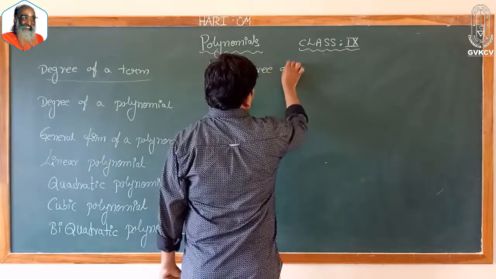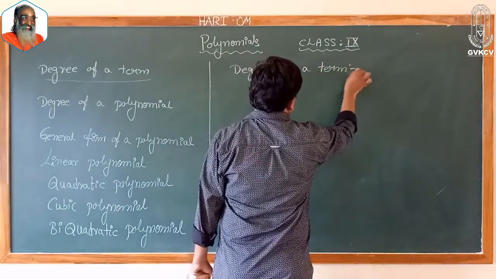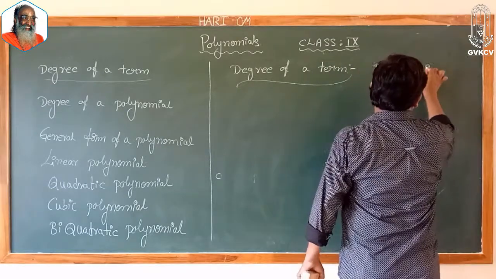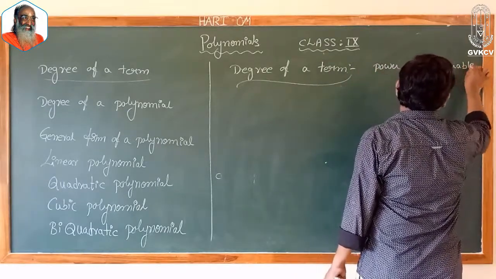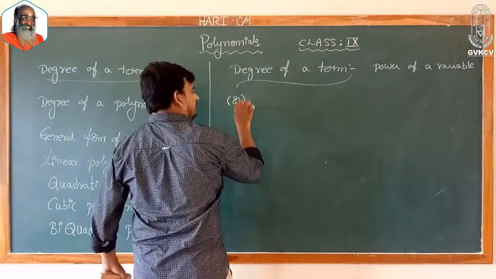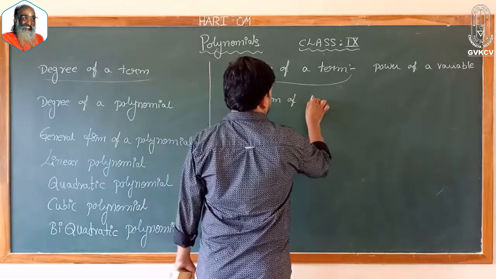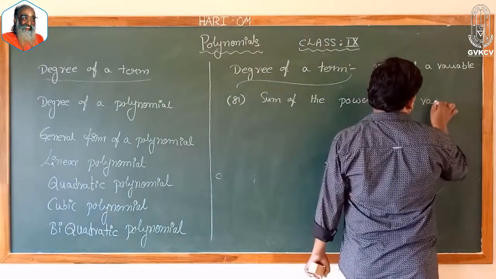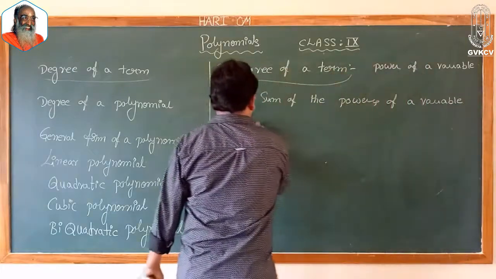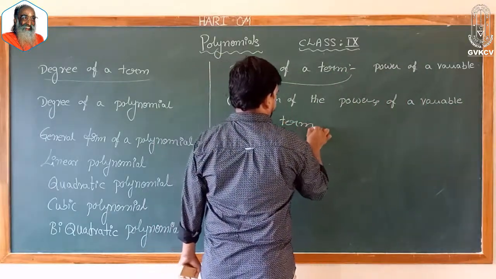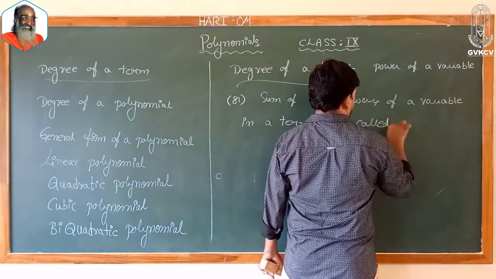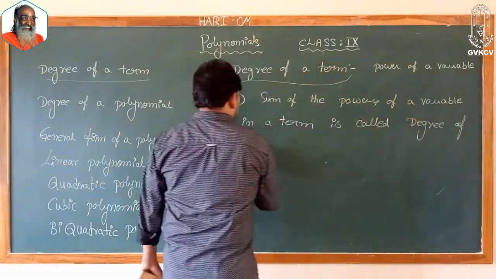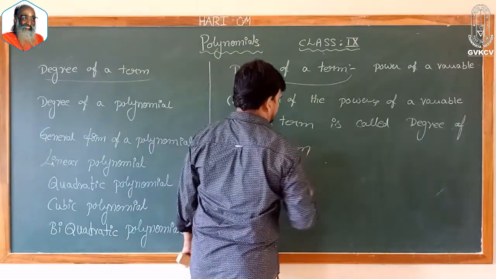Degree of a term means the power of a variable or the sum of the powers of the variables in a term is called the degree of the term.